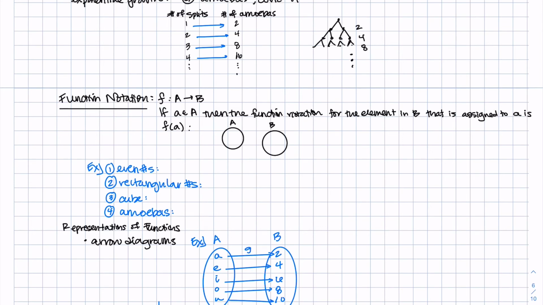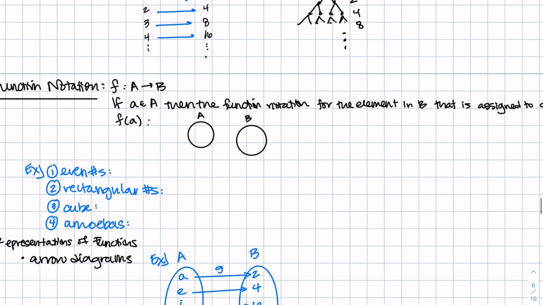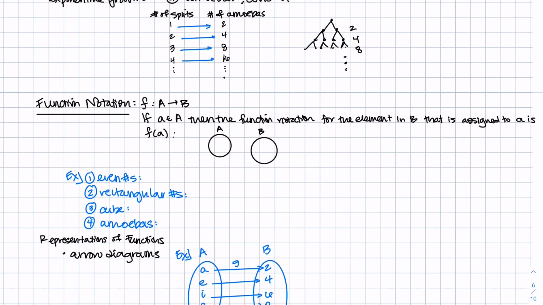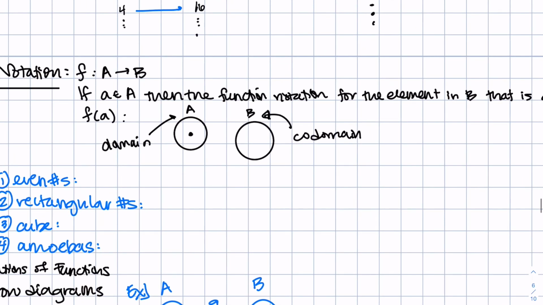The function notation we use is we say a function f goes from a set A to B. So we use this kind of notation to denote the function going from A to B. Big A is what we call the domain, and big B is what we call the codomain. And let's say that a is some element in my domain.